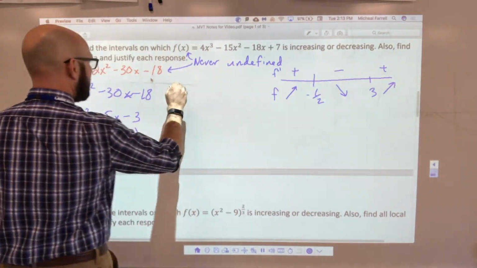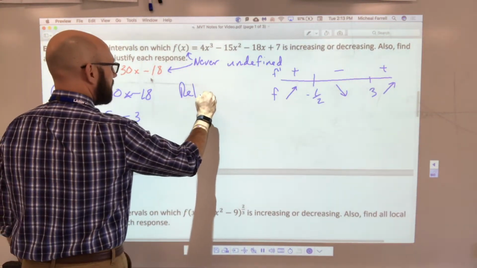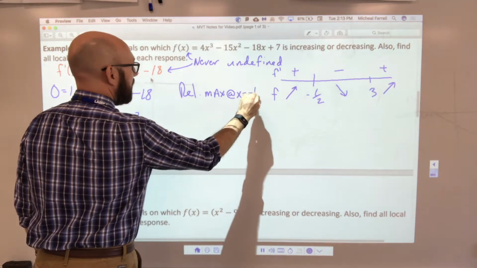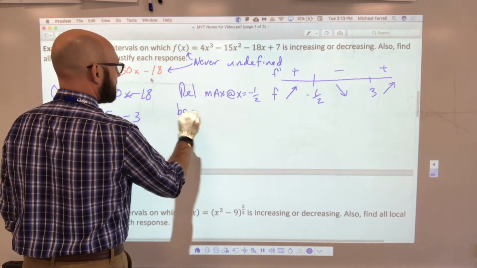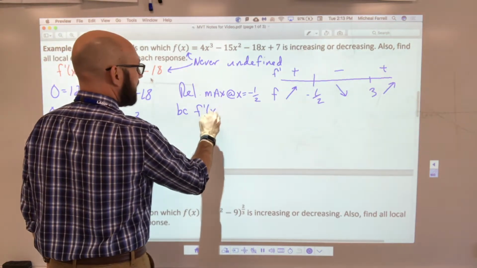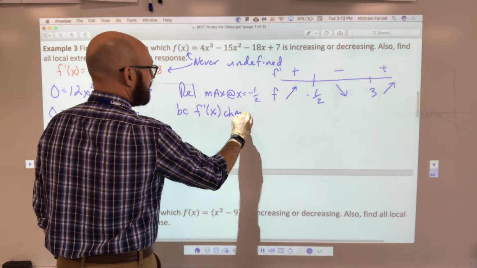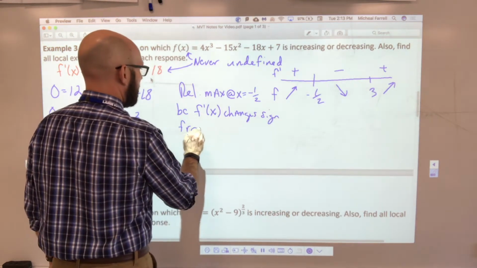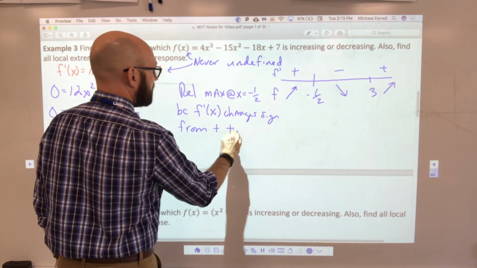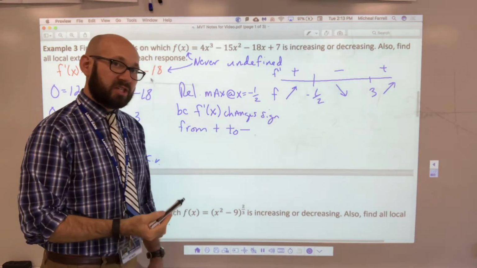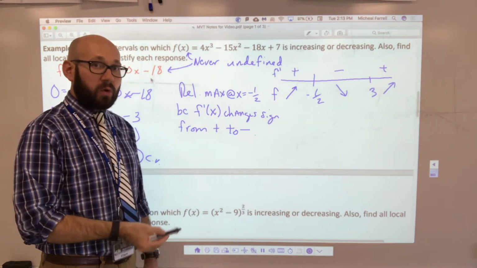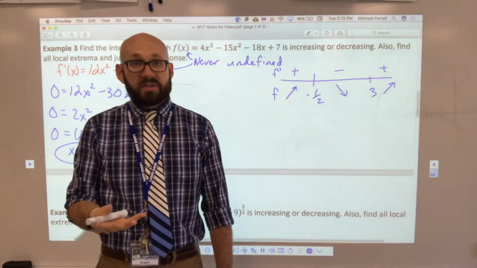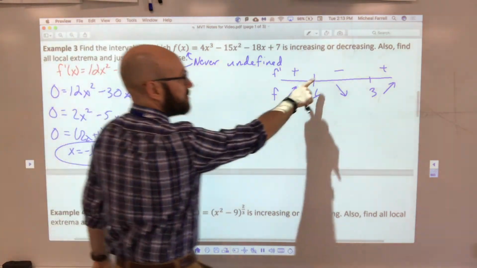We're going to say that we have a relative maximum at x equals -1/2 because f prime of x changes sign from positive to negative. That is the justification we need for local maxima and minima, local extrema. You can also say we have a relative minimum because we're changing direction.